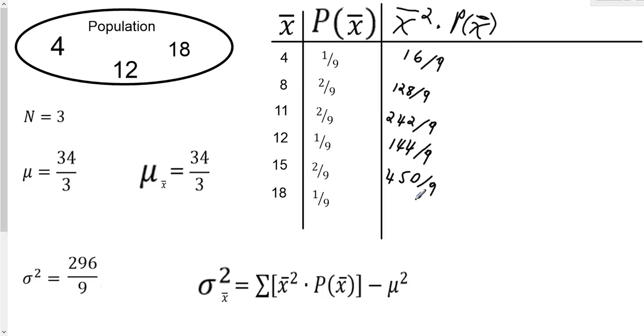And 18 squared is 324. 324 times 1/9 is 324 ninths.